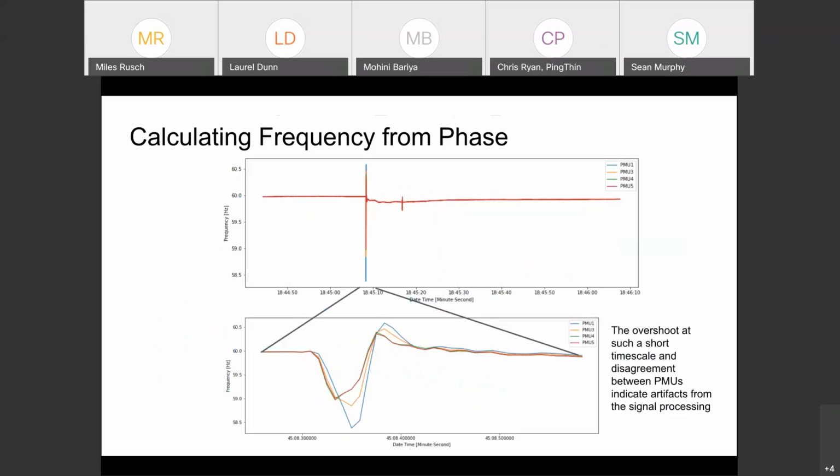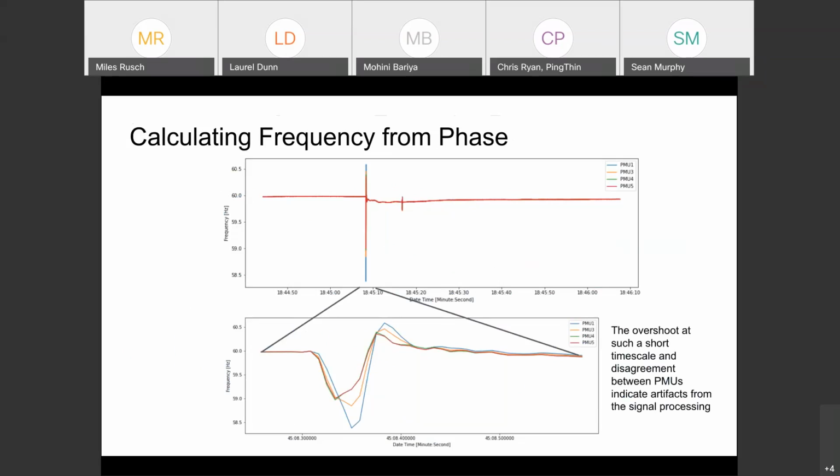And let's zoom into this large spike, which is due to the Blue Cut fire fault. And we see a few interesting things. So this graph is actually plotting 4 different PMUs at different locations on a distribution network.